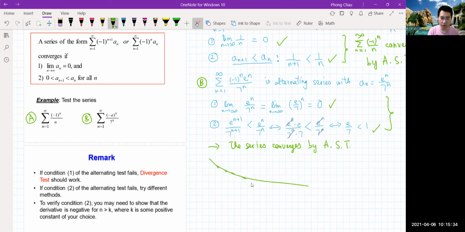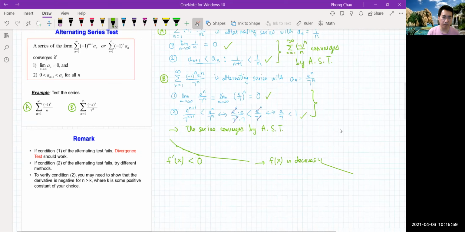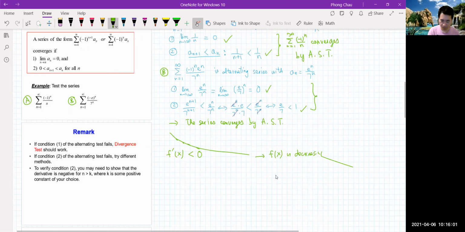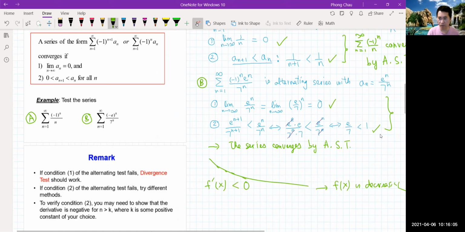How do I know the function is decreasing? Well, the derivative. Remember the first derivative test. If you can show the first derivative is less than 0, then you know the function of x will be decreasing. That should serve our purpose of checking whether the function is decreasing.